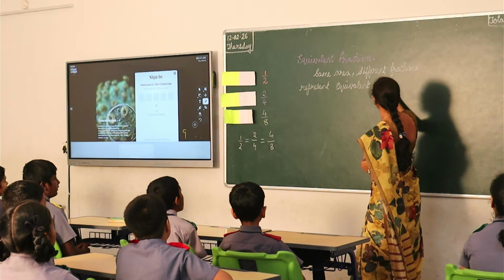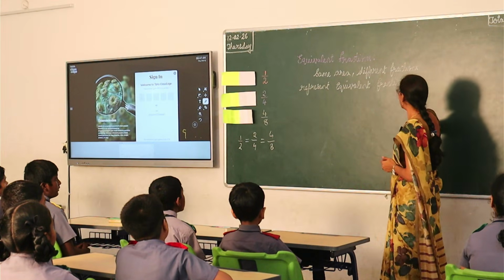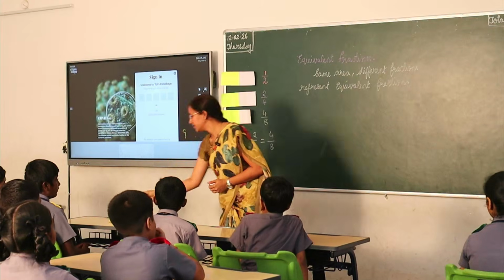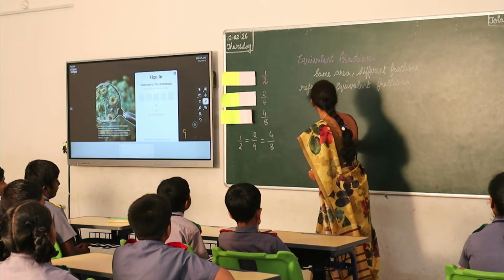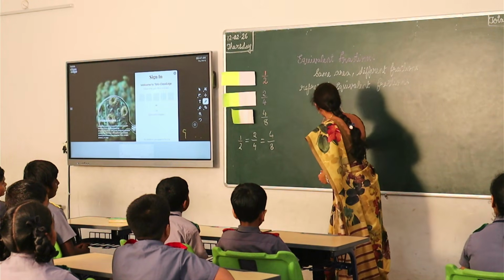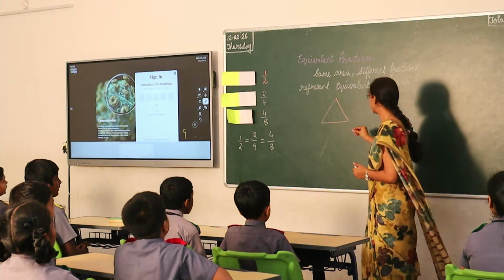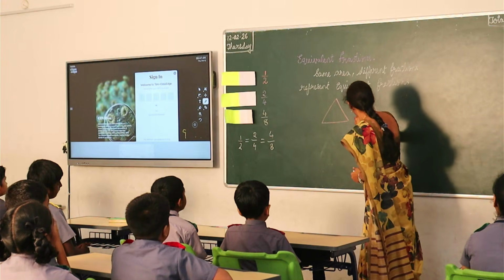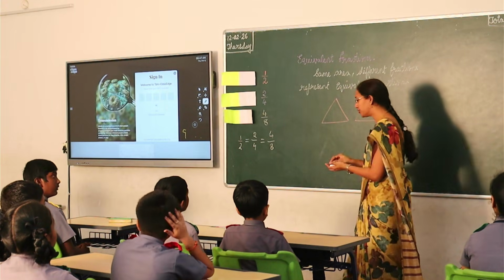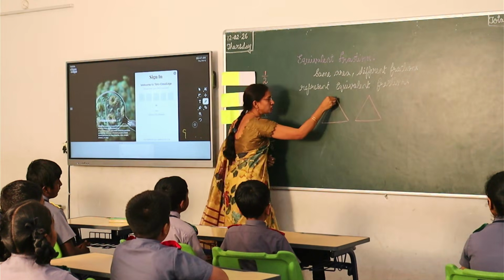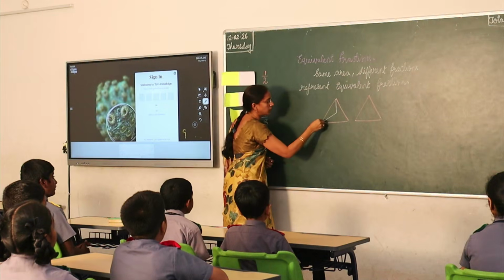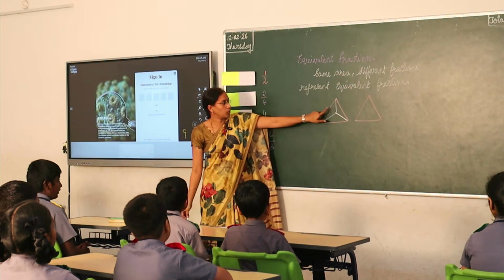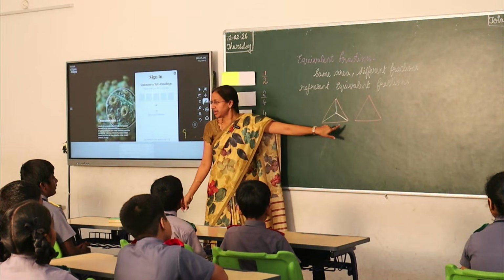Equivalent fractions. So let's see this with one more example. Here is one more triangle, right? The first triangle, tell me children, into how many equal parts is the first triangle divided? 3. 1, 2 and 3.